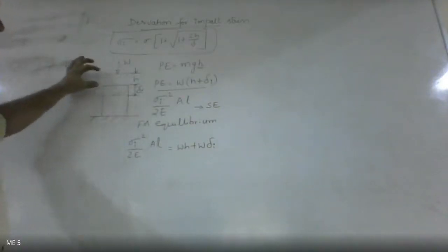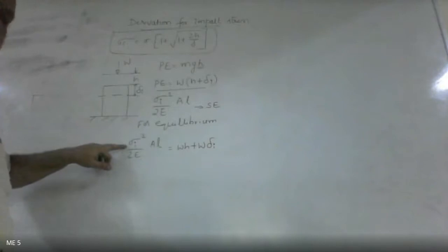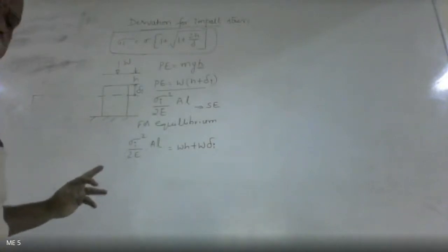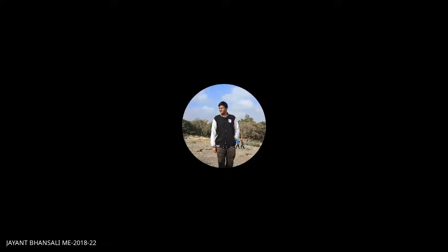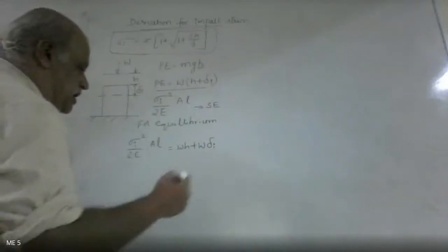There is going to be a velocity for the load, so the stress induced in the member is called impact stress, denoted by sigma I. Are you with me? Yes, sir. Now, further simplifications we are going to carry out.